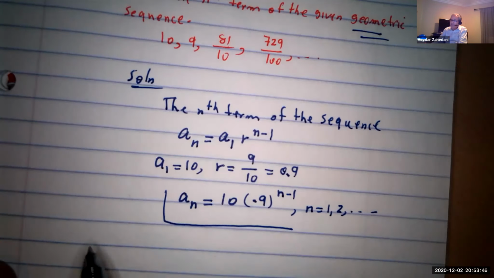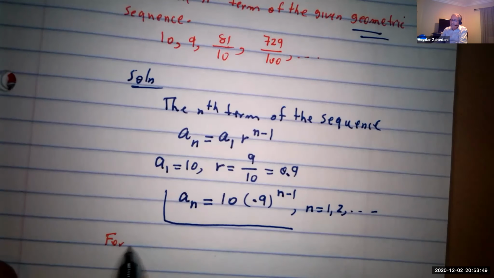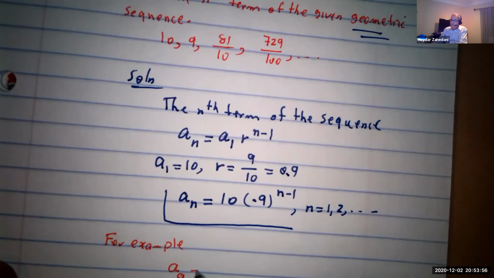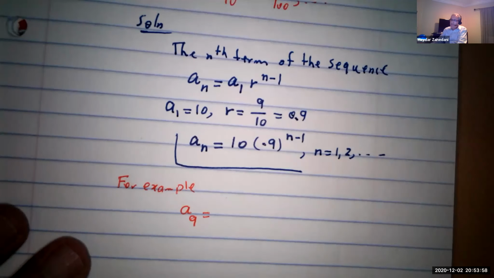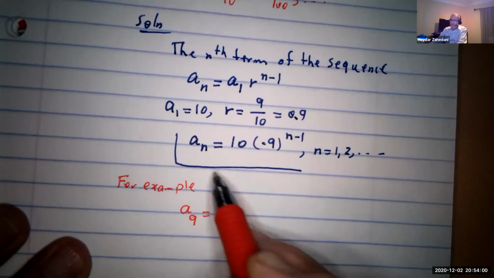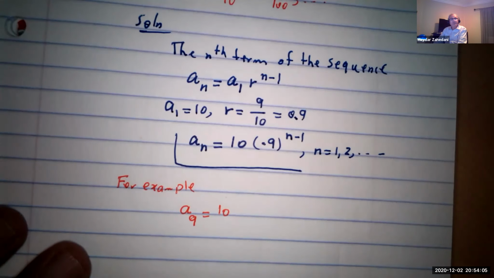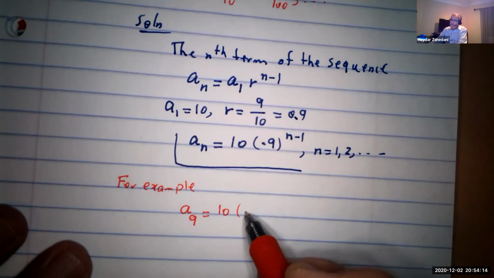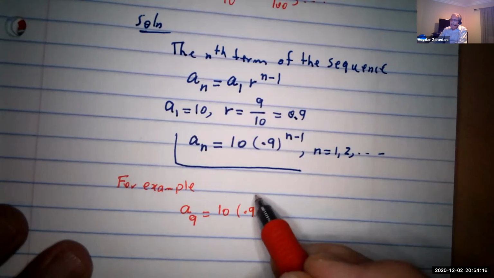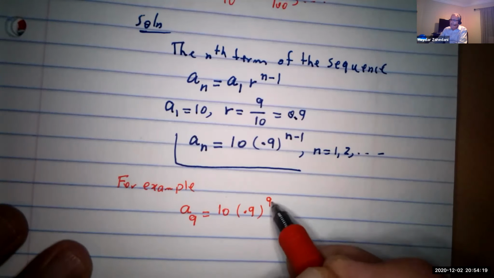So, for example, if you've been asked, this is the way we're going to find it. If you want to find the 9th term, a9 is going to be 10 times 0.9, and this is going to be 9 minus 1.